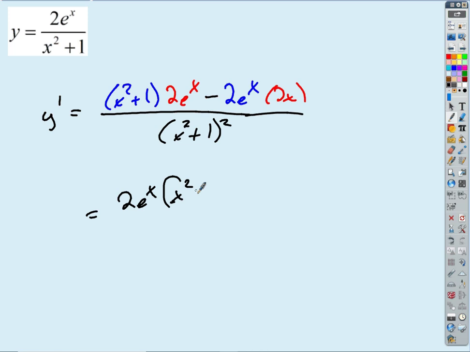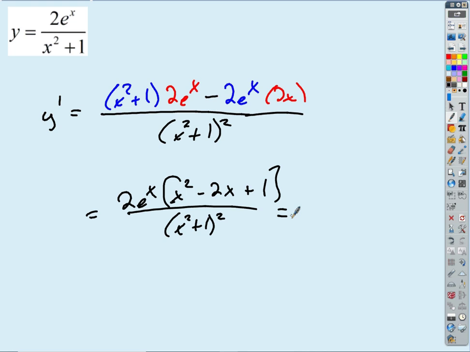Everybody agree? Minus 2x, yep. Agreed? And what is the top there? Well, what is that? Plus 1. Yeah, it's just x minus 1 squared, isn't it?